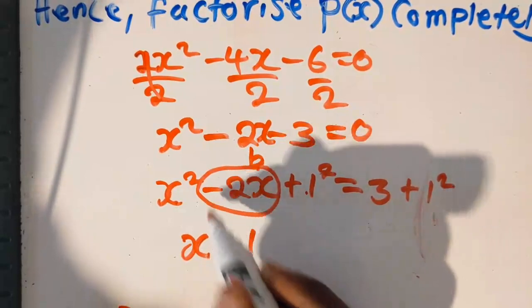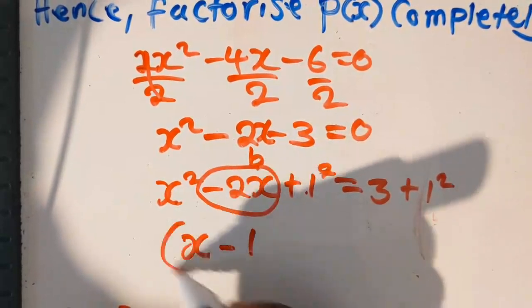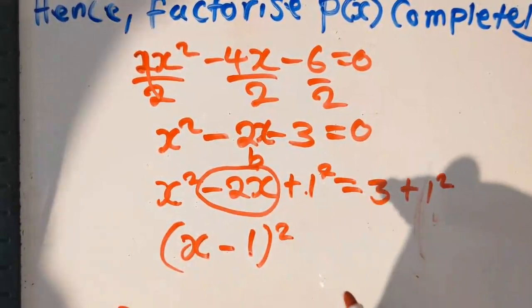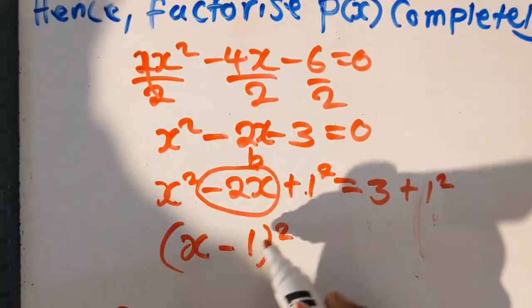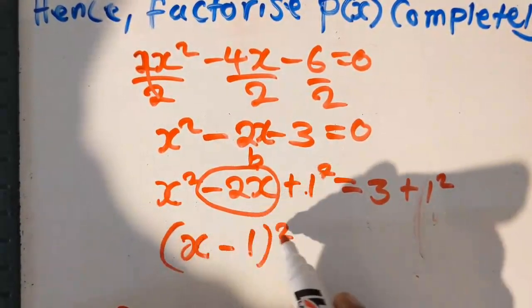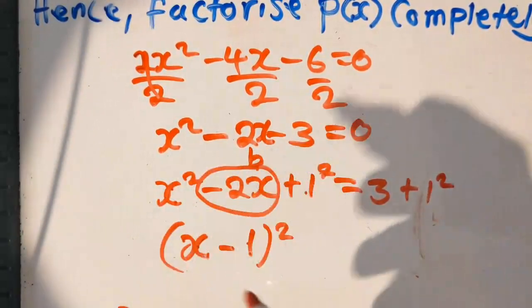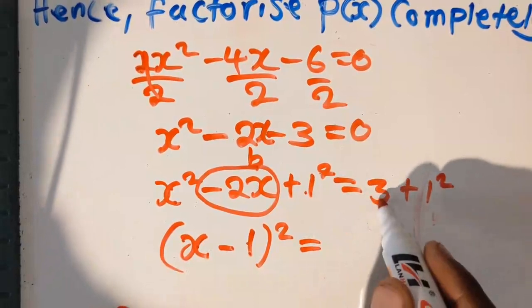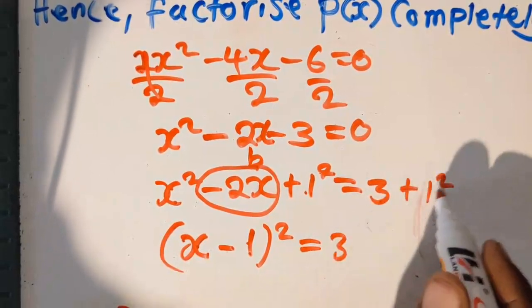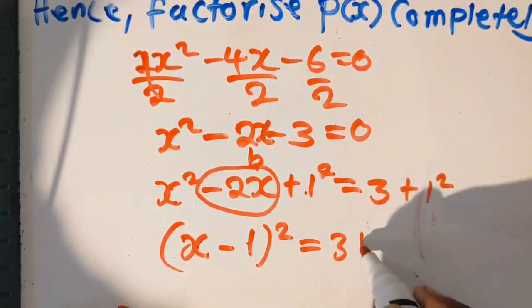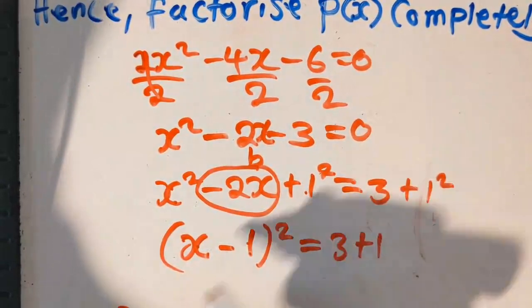You put it under a square, so this is a square of this, one and the same thing. Then it is equal to 3 plus 1 squared, which is just plus 1.